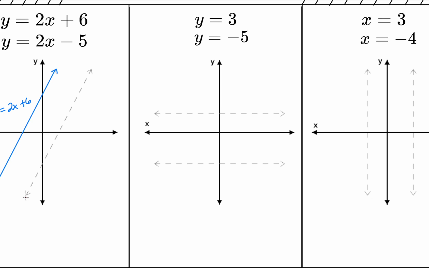The other line is going to be y equals 2x minus 5. For both of these equations, the slope is 2.